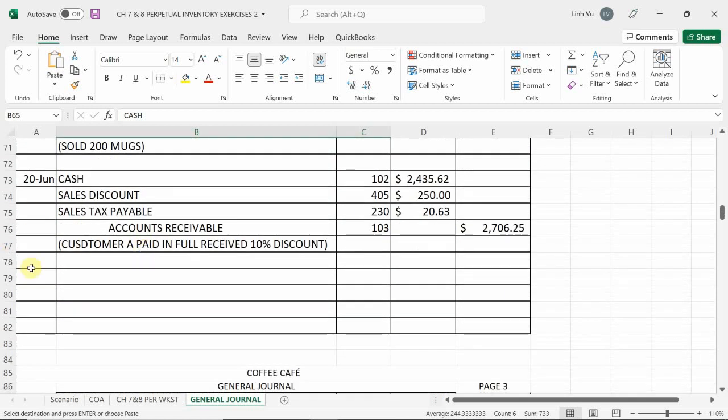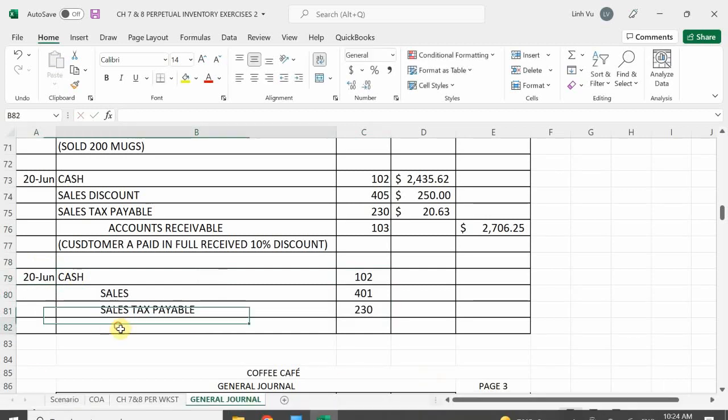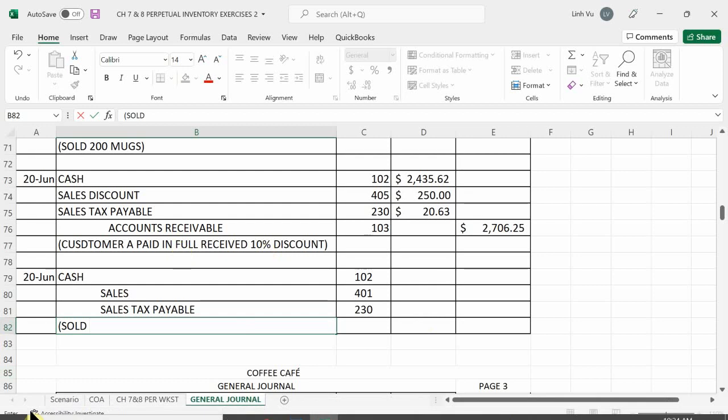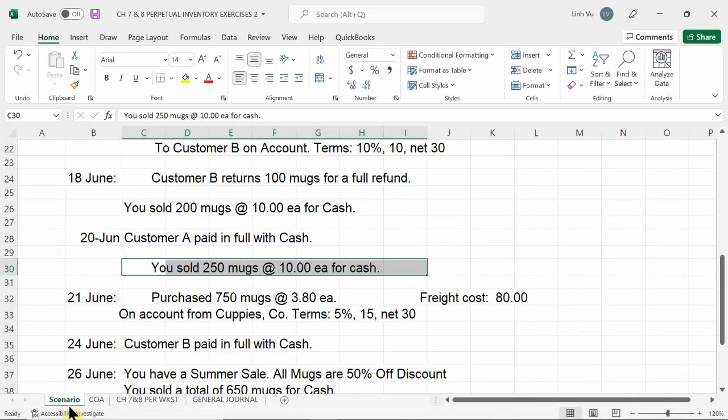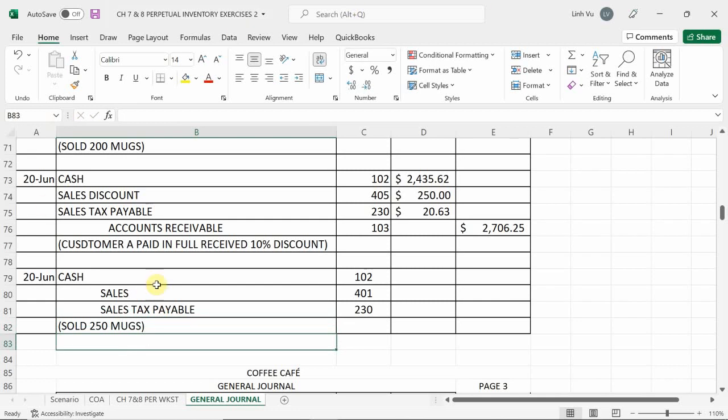There should be just enough room for you to squeeze that in at the very bottom for the 20th. And of course, here you need to make a note saying that you sold 250 mugs because you're splitting the transaction.